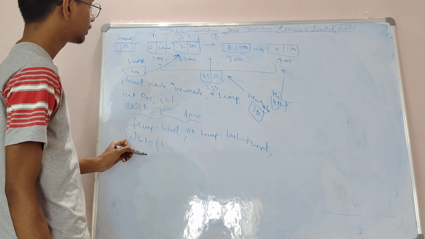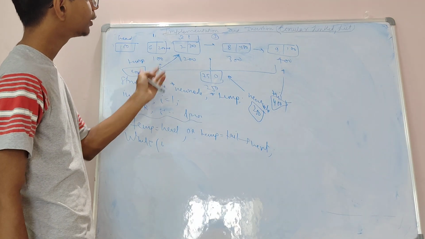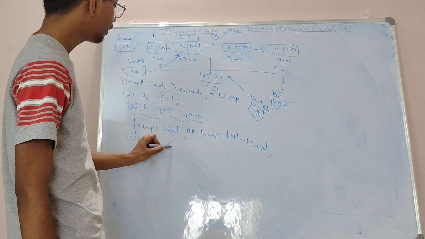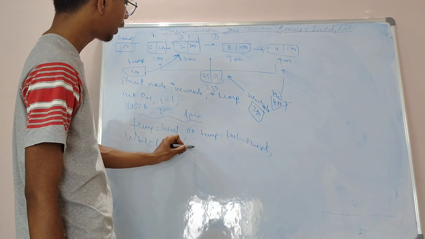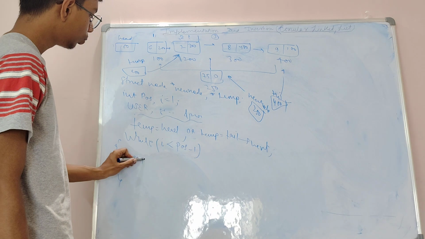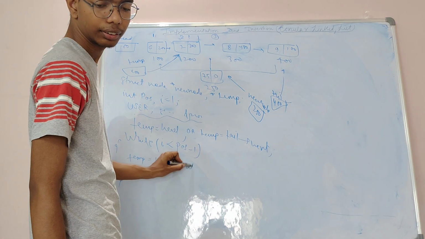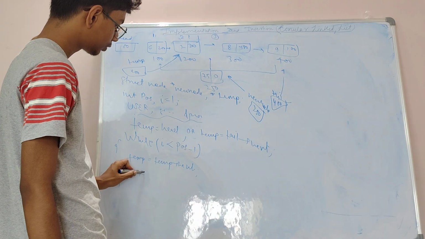With every iteration my temp goes to the next node. So while i is less than or equal to position minus 1, temp goes to temp of next, and i plus plus.